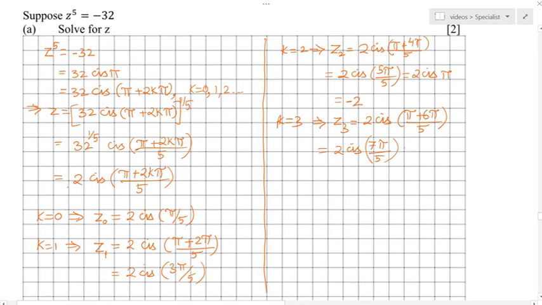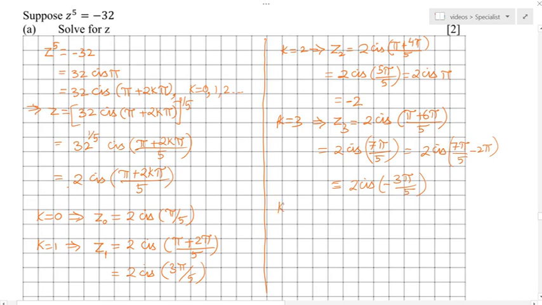What we can do is subtract 2 pi, which doesn't change anything other than putting it in the domain, and that will give you 2 cis of minus 3 pi over 5.